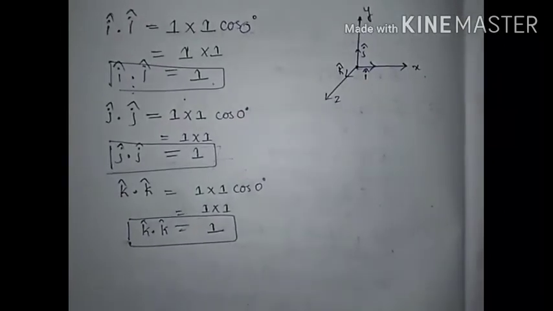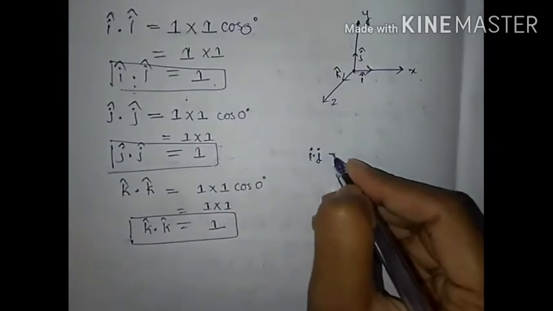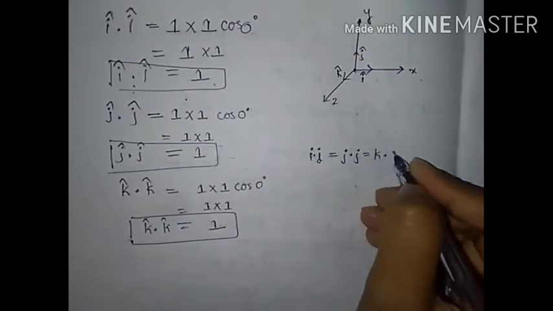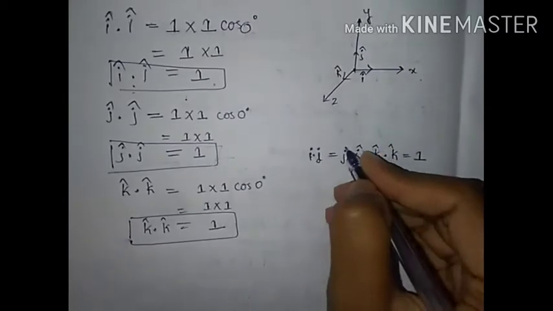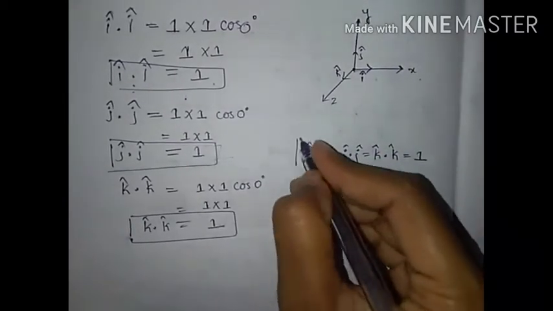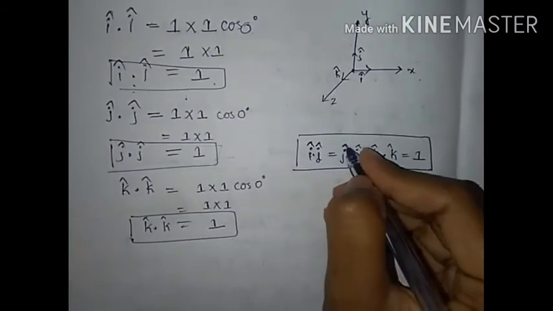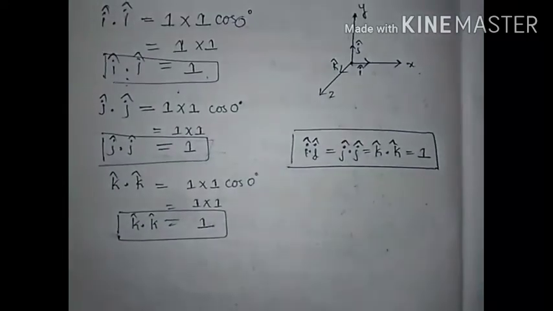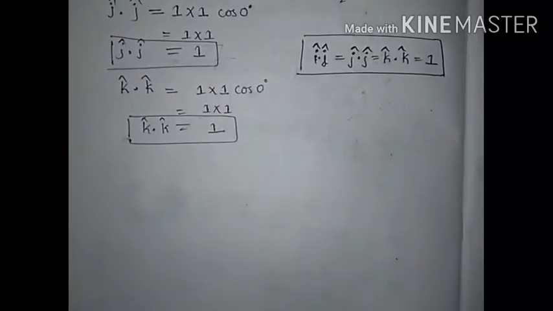So i dot i is equal to j dot j is equal to k dot k is equal to 1. These are unit vectors, so you have to put a cap. So this is the dot product of two equal vectors.